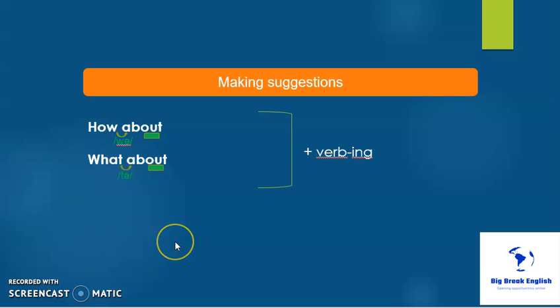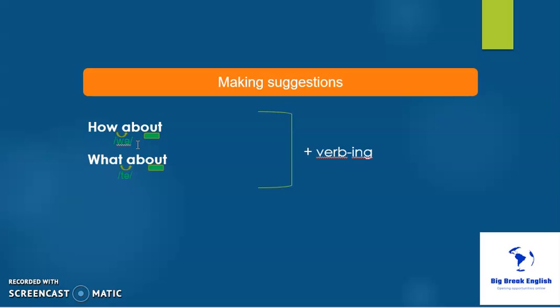And finally, a couple more phrases. How about, so here, about, stress on the second syllable, and we have a vowel sound following, so that those two sounds link together.